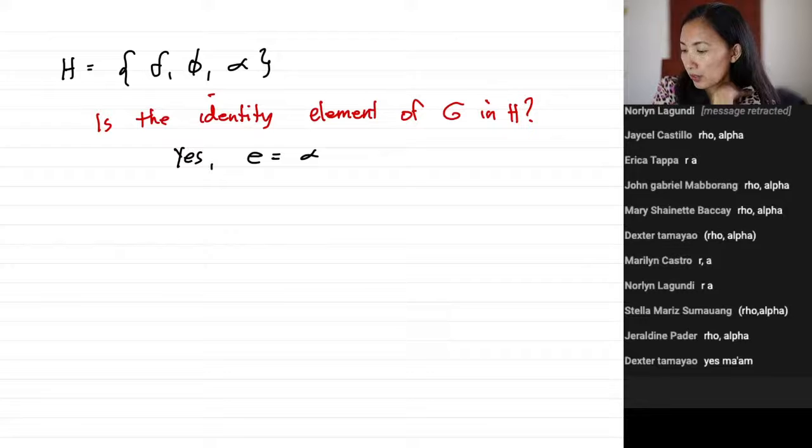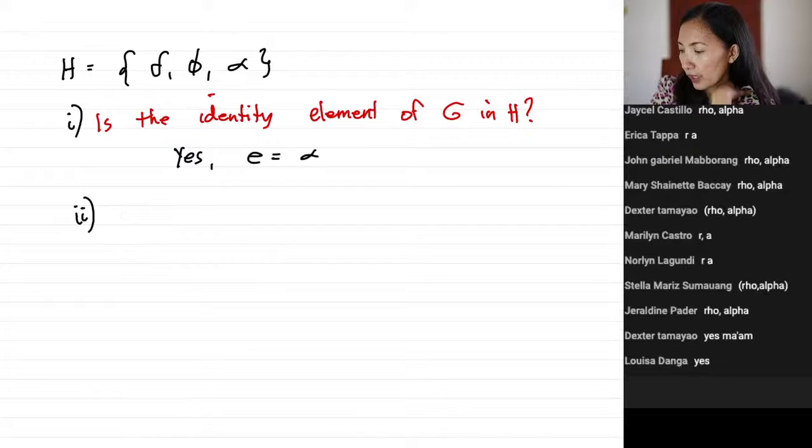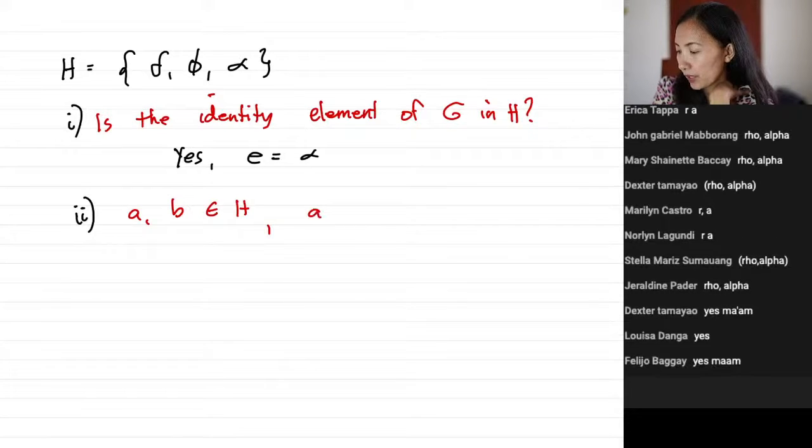Condition number 2: for every A, B which is an element of H, A circle B inverse must be in H. So let's check.